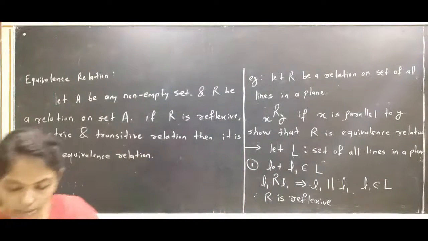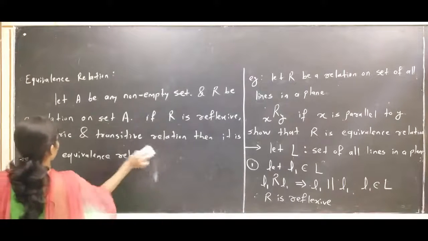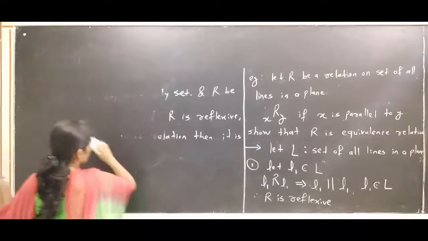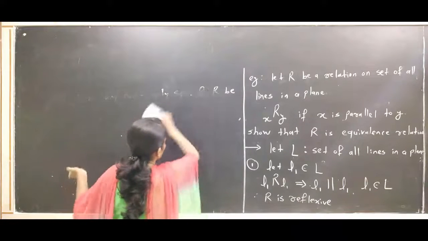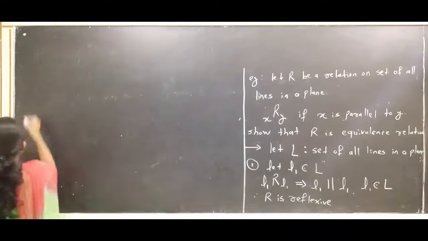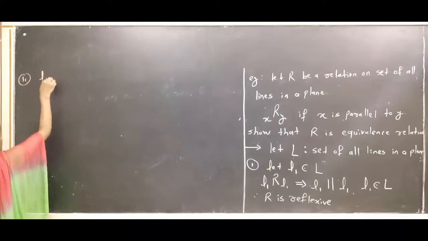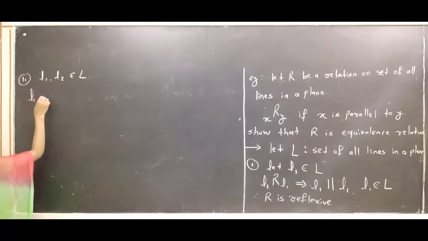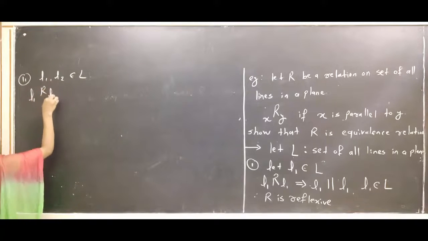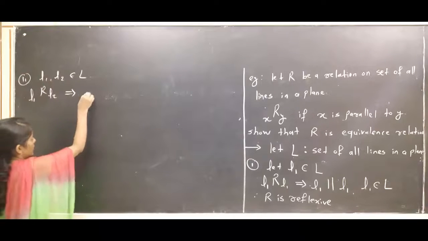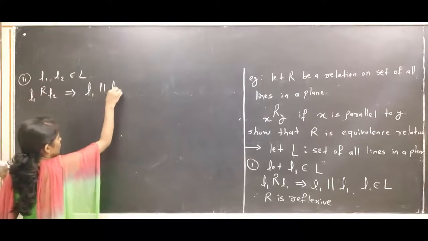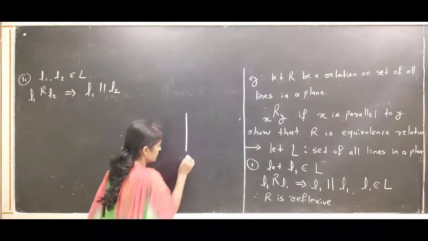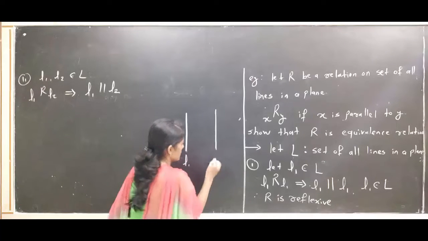Now, next point, symmetric. Symmetric means A related to B implies B related to A. So for that, let L1 and L2 belong to set L. Here L1 related to L2 implies that L1 is parallel to L2. Now see here, this line is L1 and this is L2.